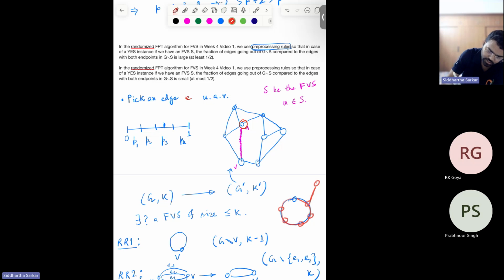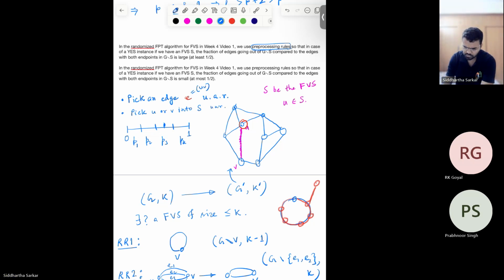I mean E is UV, so pick U or V into S again uniformly at random, that means with equal probability, 0.5, 0.5. Then you keep doing that as long as you don't have an FVS or you have an empty graph. Fine. So what has happened?